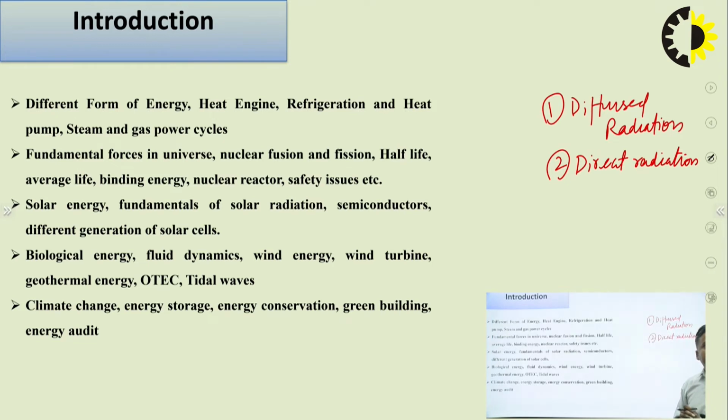We will also study the different performance parameters of these radiations related to solar energy, like flow rate of air, and different angles like azimuth angle, etc. Then we will study semiconductors.